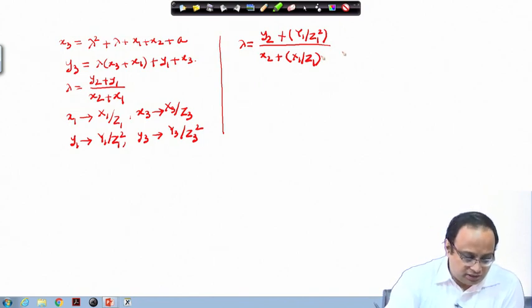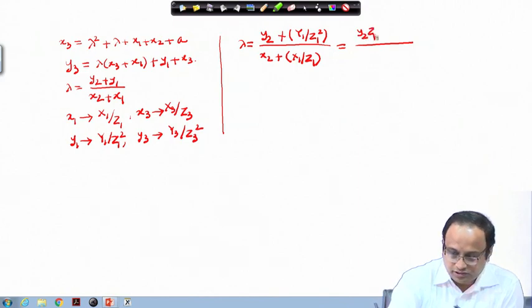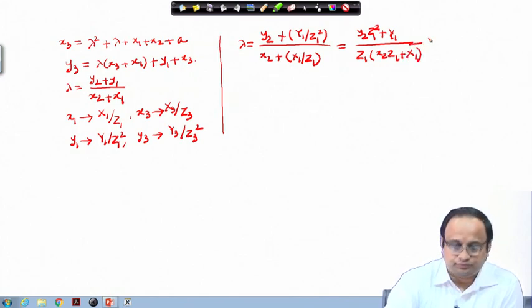With a little bit of simplification, that turns out to be y2 Z1 square plus capital Y1 divided by Z1 into x2 Z1 plus capital X1.